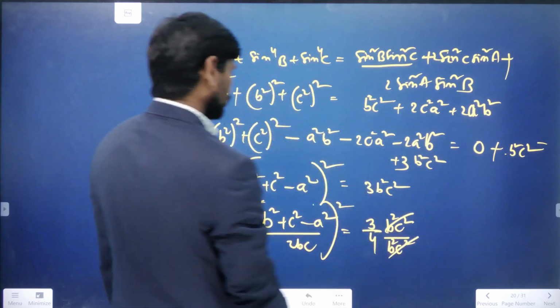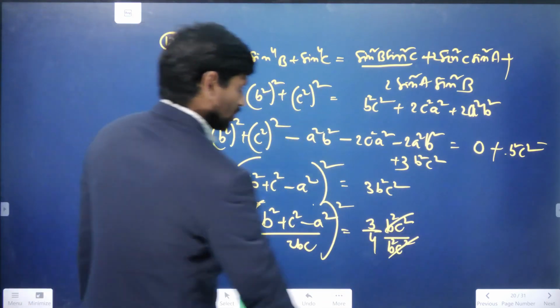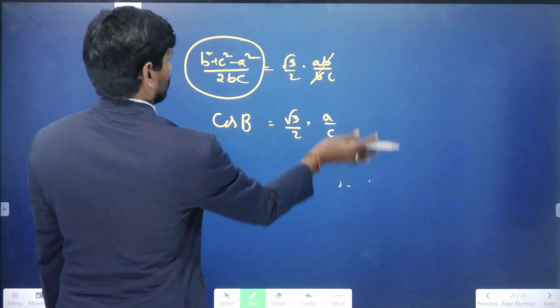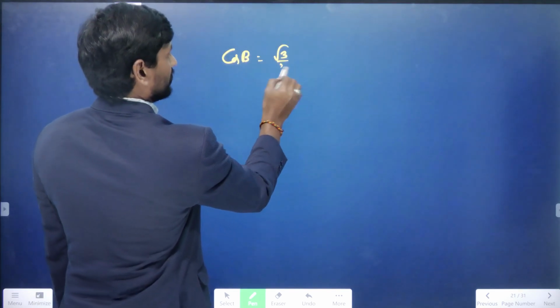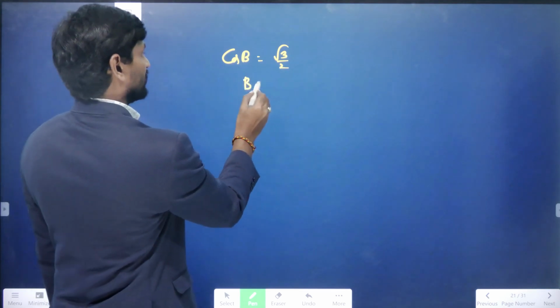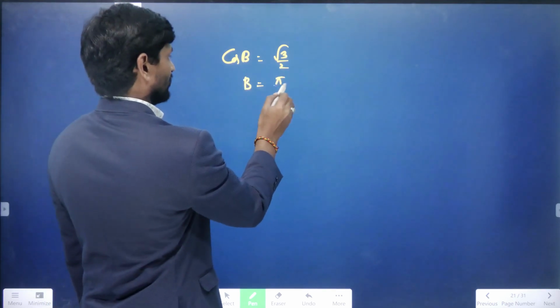So these two cancel, root 3 by 4 value will be there. So cos B is equal to root 3 by 2. Root 3 by 2 value is nothing but cos 30 degrees. So pi by 6.